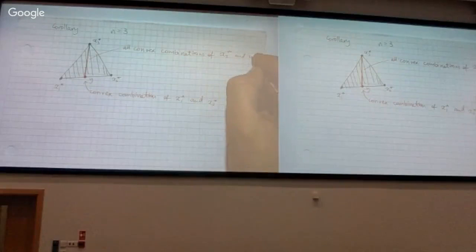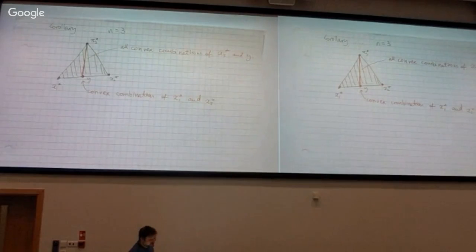That's the geometry. I think the geometry is always quite nice because you get to see pictures, and that's the next step.